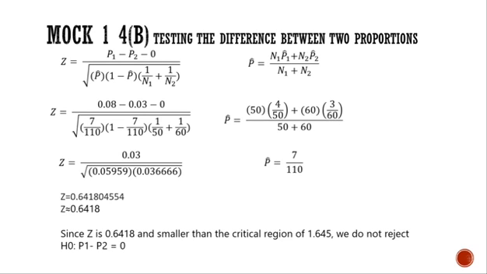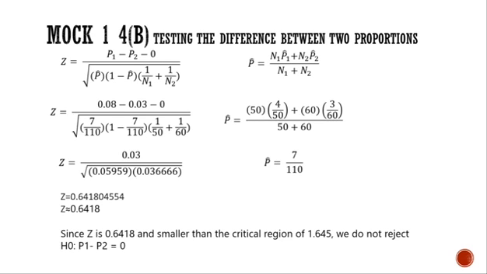So when we substitute in the formula, 0.08 minus 0.05, we will get the top, while at the bottom, 7 divided by 110 bracket 1 minus 7 over 110 bracket, 1 over 50 plus 1 over 60 bracket.